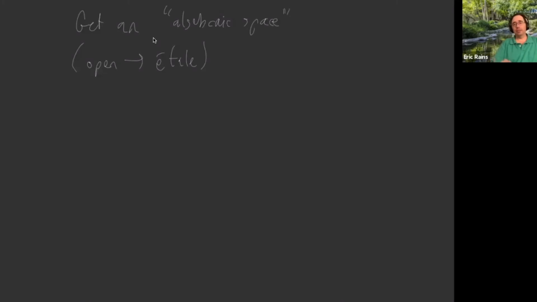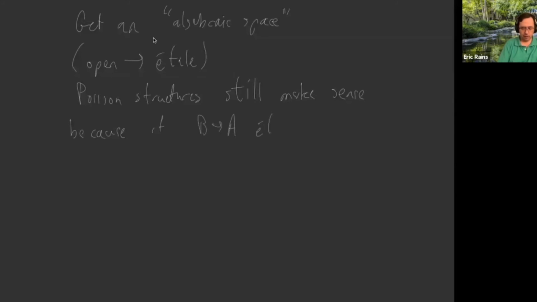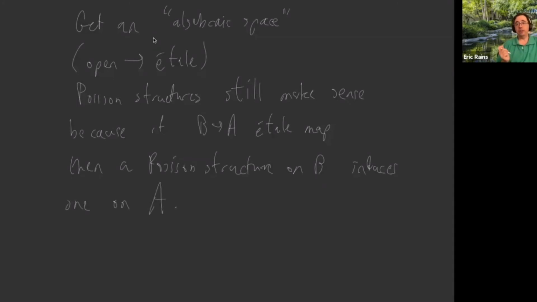And so it's not a scheme anymore, but Poisson structures still make sense, because if we're given an étale map of algebras, then any Poisson structure on B induces one on A. Or in scheme theoretic terms, you can always pull back a Poisson structure through an étale map. And the reason is because the sheaf of differentials isn't changed by an étale map.